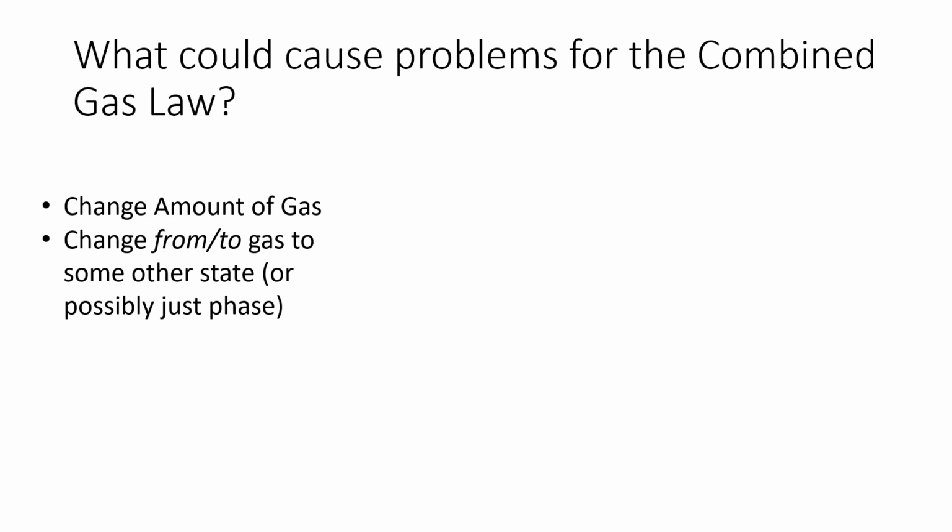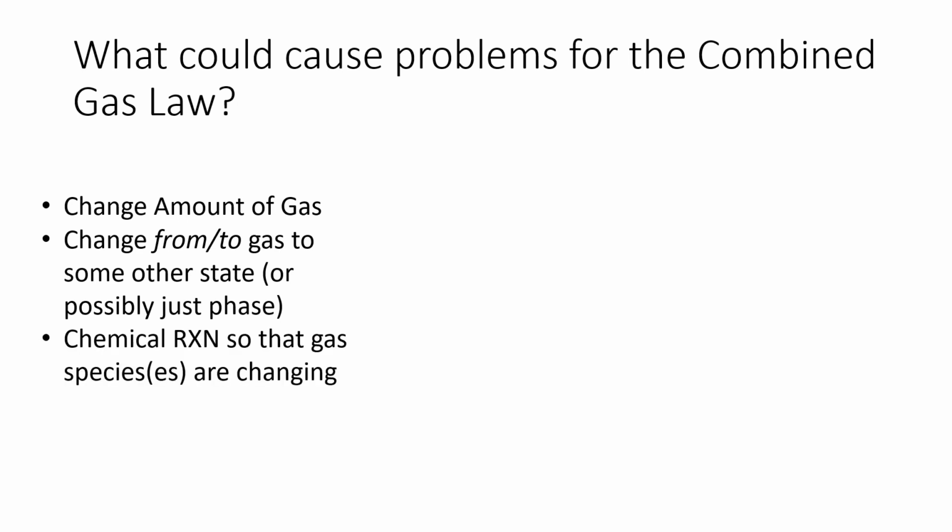If you change phases, or if you have a chemical reaction, the different gases might or might not have the same stoichiometric ratio, so you've got to figure all that out too.